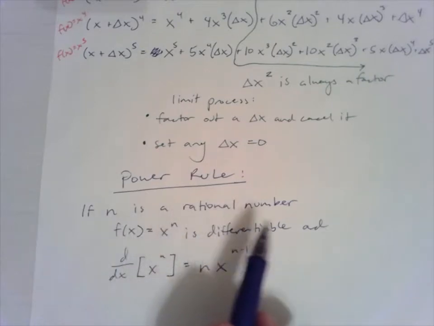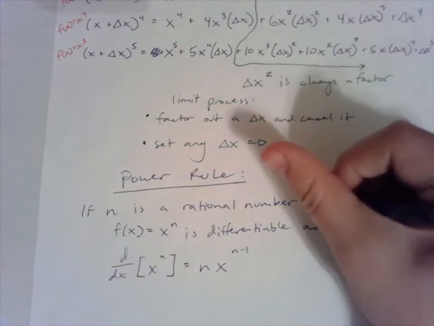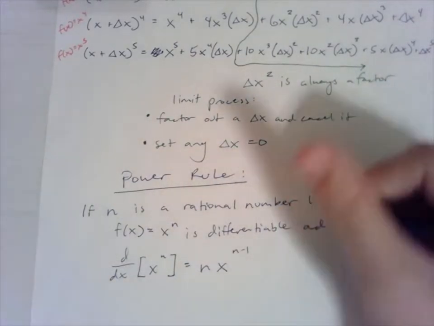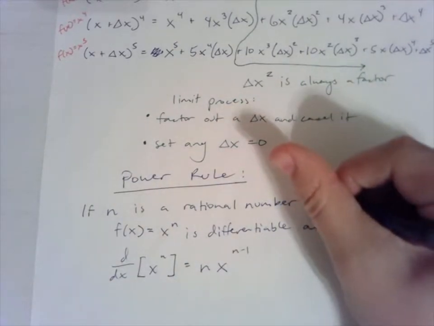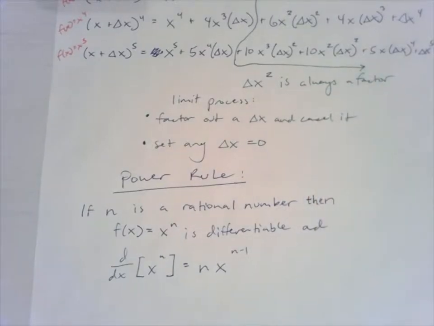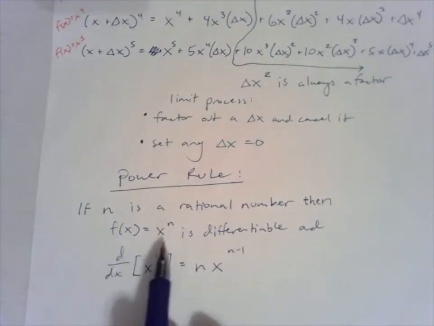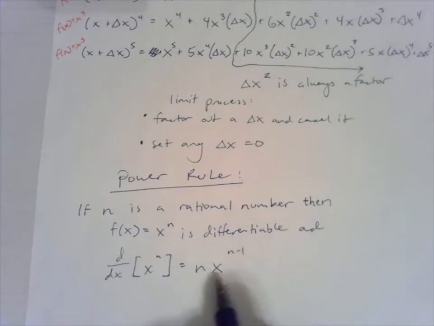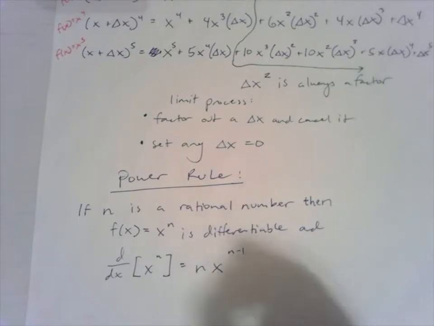So if n is a rational number, then f of x equals x to the n is differentiable, and the derivative of that f of x is always n times x to the n minus 1.